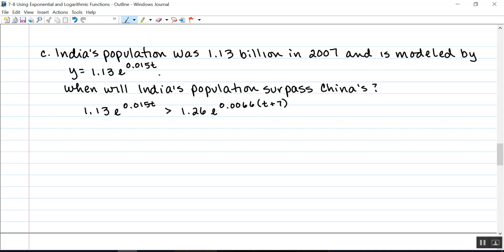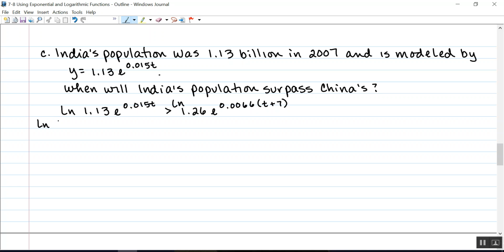Okay, now this isn't too bad to solve, but it is going to be a little sloppy. So we're going to take the natural log of each side. I think instead of rewriting the whole thing, I'm just going to add natural log here, and I'll just add a natural log here. So natural log of this is greater than the natural log of this. So we need to go back to our properties of logarithms and break this up.